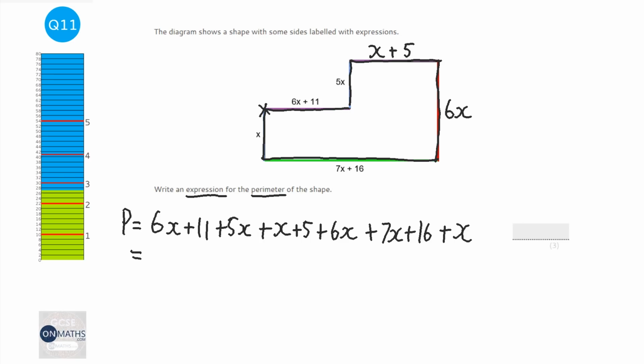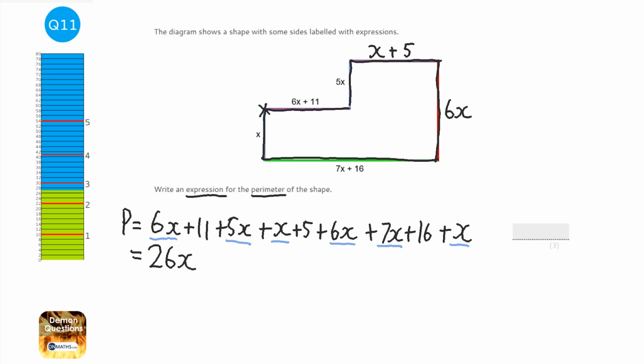Okay, so if I collect the x's first, so we've got a 6x plus a 5x plus an x plus 6x plus 7x plus an x, which is going to be 26x.